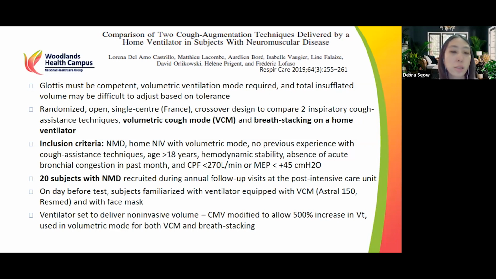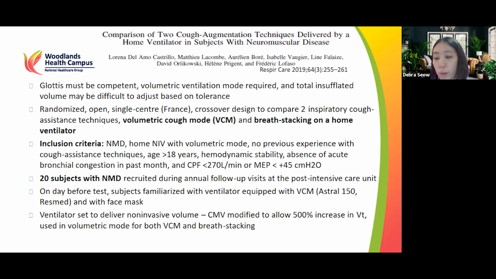But in usual practice, I noted that for the Astral 150, not all devices have this volumetric cough mode, and for volumetric cough mode, sometimes the maximum they will allow is a 250% increase in VT. So for this study, there was a bit of bias because they allowed the VT to increase up to 500%.